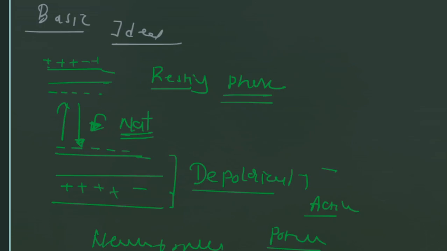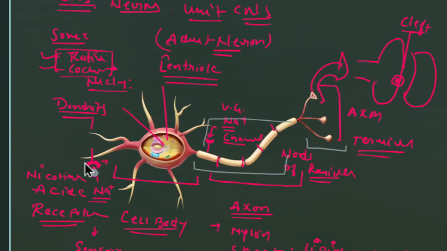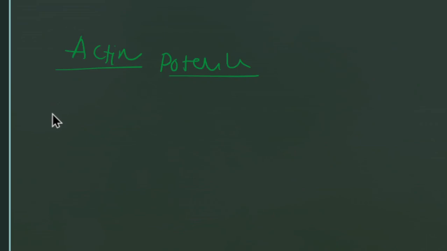In an upcoming video, we will discuss what the action potential is and how the action potential is generated. So if you have an idea about this structure, where the ligand binds, where the axon terminus is, and where the axon terminal bulb fuses with the postsynaptic region, then you have to know the basic idea of the action potential mechanism.